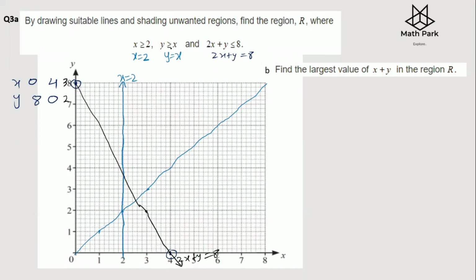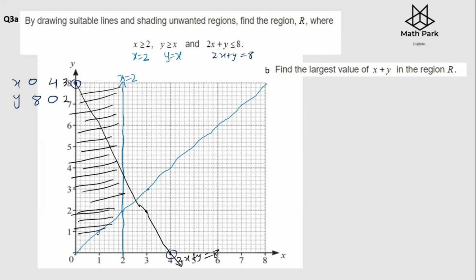Now, shading the unwanted region, we have to find the region R. The first one is x is greater than or equal to 2. So greater than or equal to 2 is going to lie all on the right hand side. This is my unwanted region for the first line. Now the second line, y is greater than or equal to x.